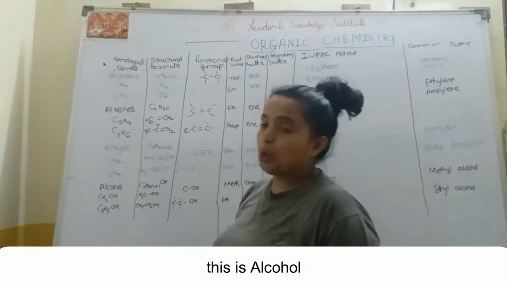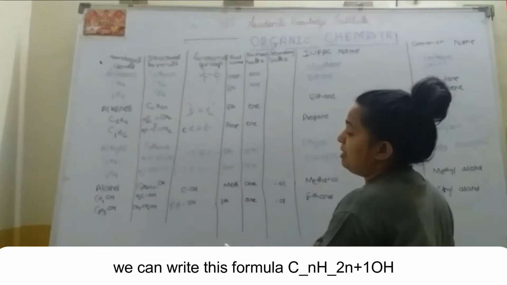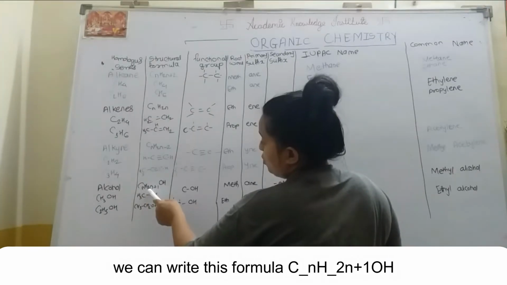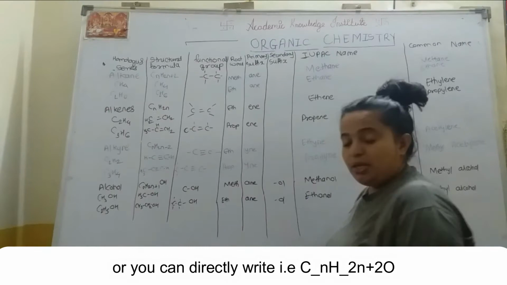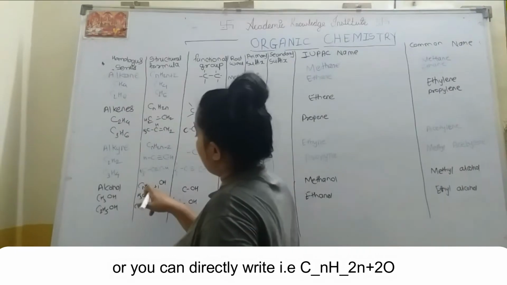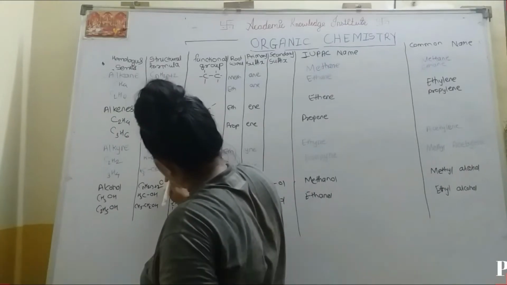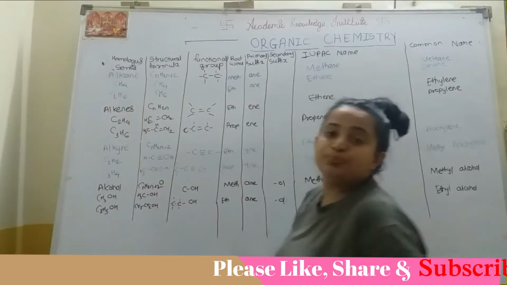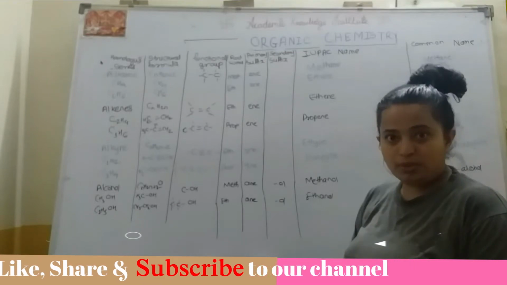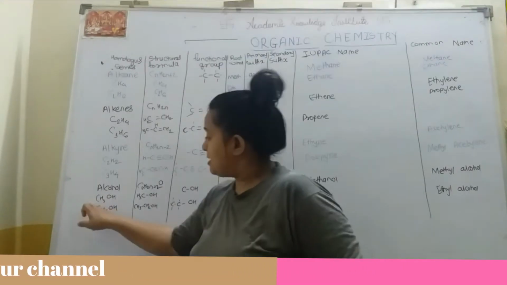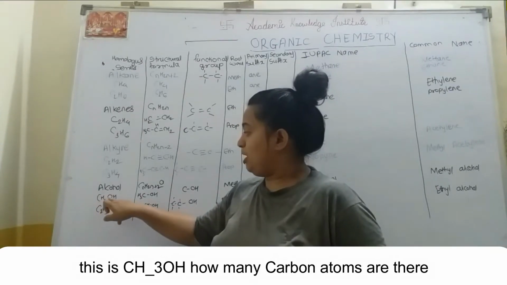Then this is alcohol. For alcohol you can write the formula CnH2n+1OH. Yes, you can directly write CnH2n+2 with the H cancelled. How is it 2? I will just prove it. See, this is CH3OH.